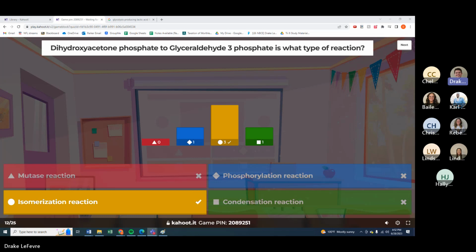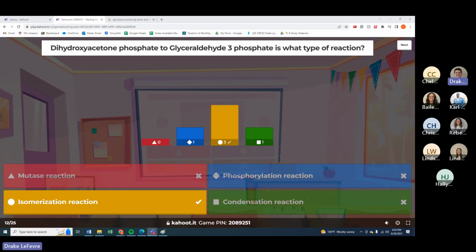Very, very close. So mutase is going to move a functional group like a phosphate. The mutase is going to move a functional group within the same molecule, whereas an isomerase is going to rearrange the entire structure of it. So very good, Christian.